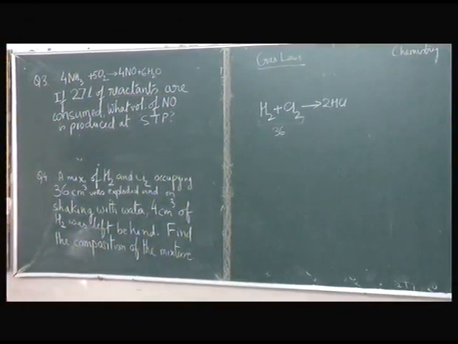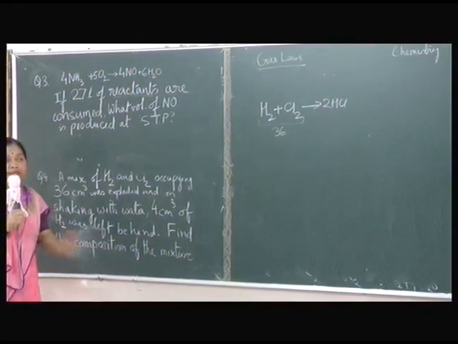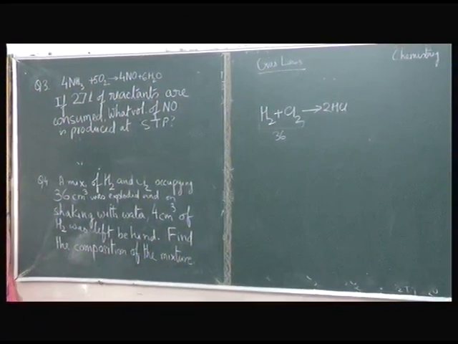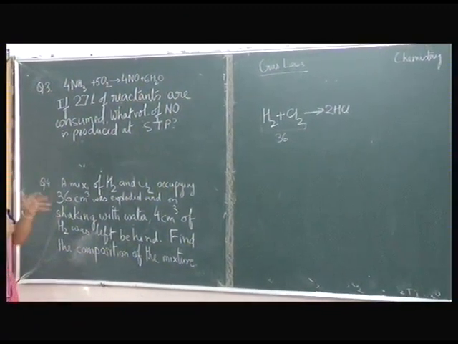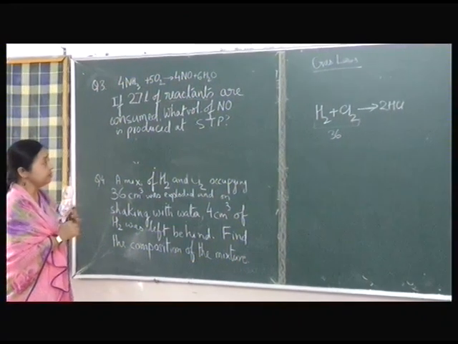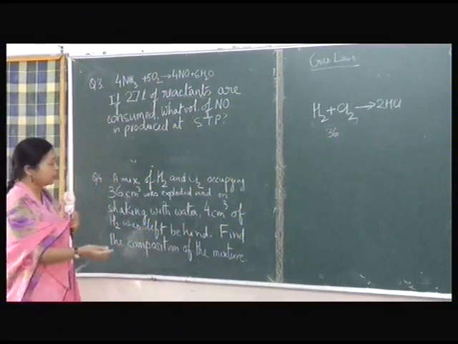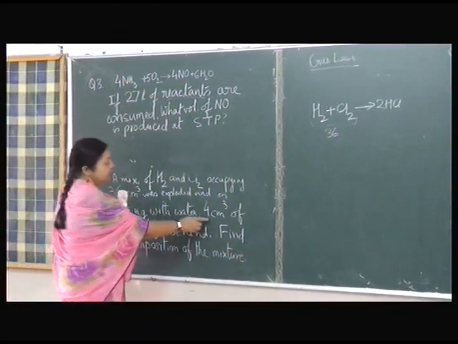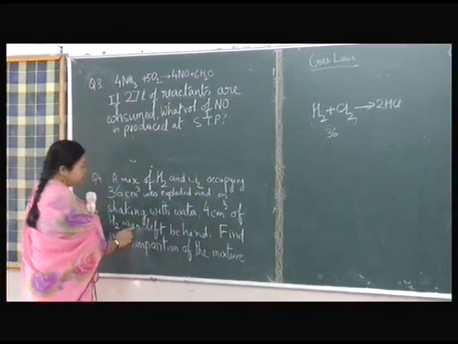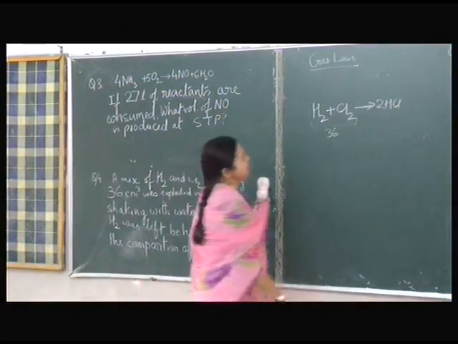So we know that HCl is a gas which is highly soluble in water. So the HCl that is produced will be completely soluble in water. When the product formed is dissolved in water, 4 cm cube of hydrogen was left. So how much of the mixture actually reacted?